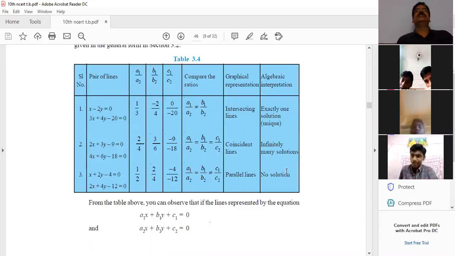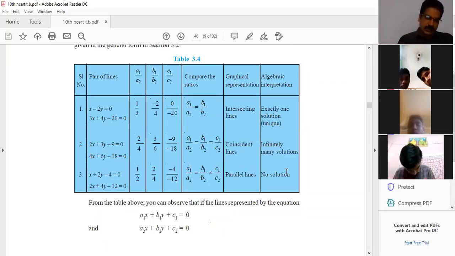So these equations we no need to solve. We solve only consistent equations. For that, remember the conditions. If a1 by a2 is not equal to b1 by b2, the graphical representation is intersecting lines, the algebraic interpretation is exactly one solution, a unique solution, and those equations are consistent.